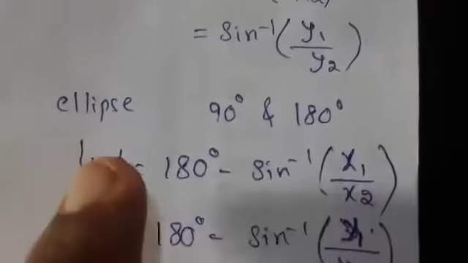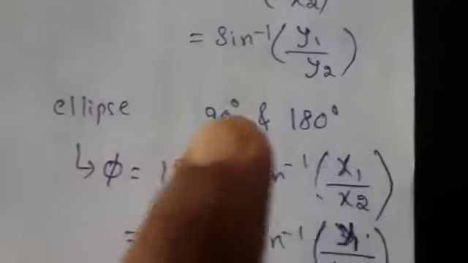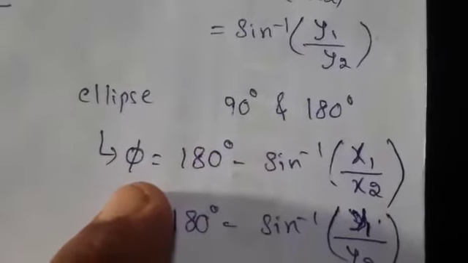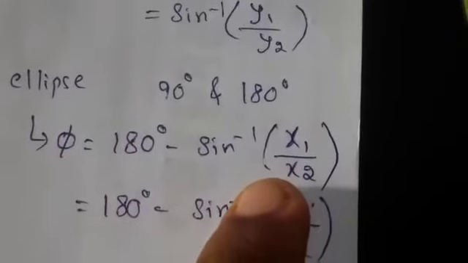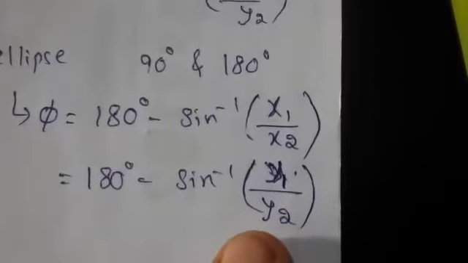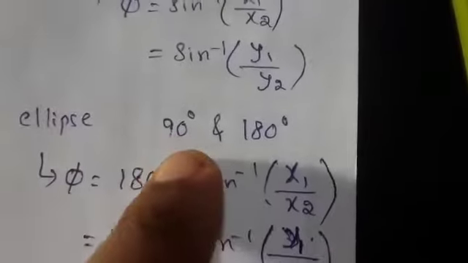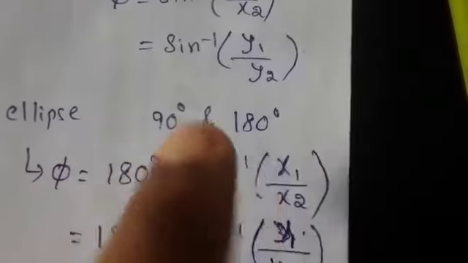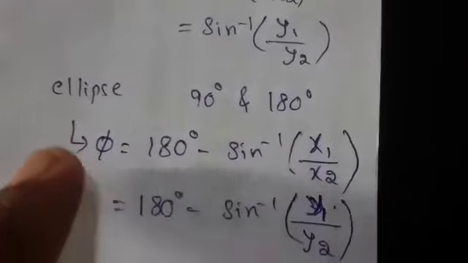If the ellipse has an inclination of 90 degrees and 180 degrees, then the phase difference is 180 minus sin inverse of x1 by x2, which is also equal to 180 minus sin inverse of y1 by y2. If the ellipse is inclined at an angle of 90 degrees and 180 degrees, these are the equations to find the phase difference phi.